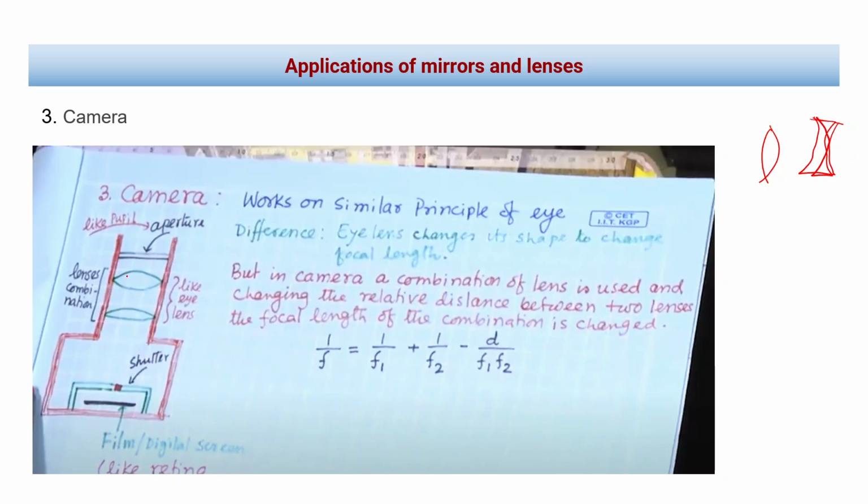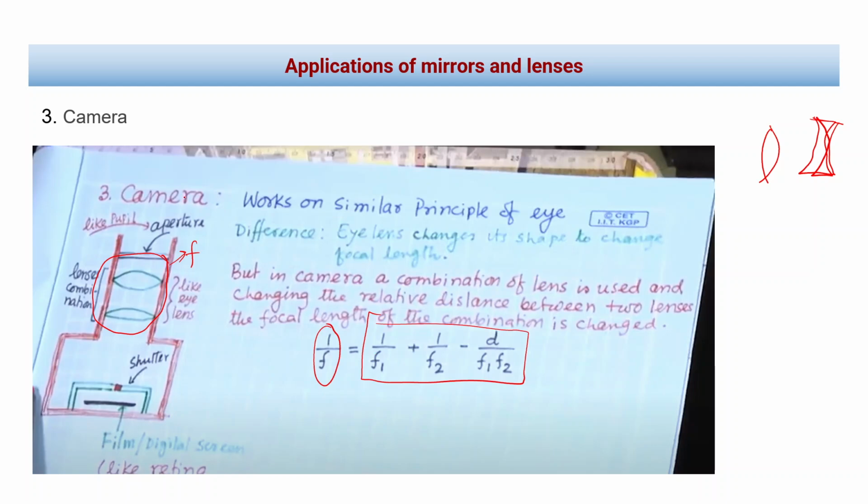But if I'm using a combination of two lenses, then depending on the distance between them, if I vary the distance between these two lenses, the overall combination can have a varying range of focal length. The focal length of the combination can be given by this formula, where d is the distance between these two lenses.